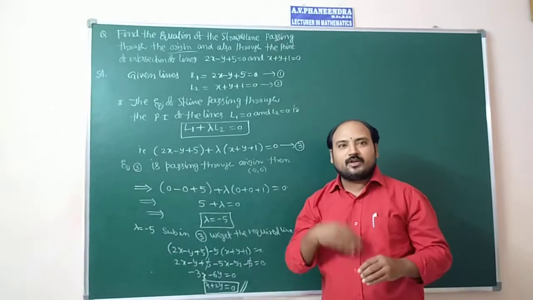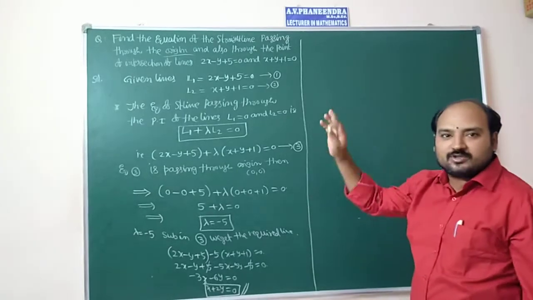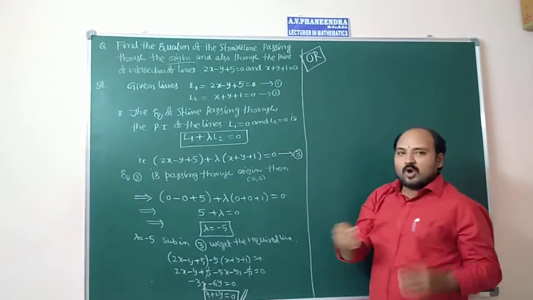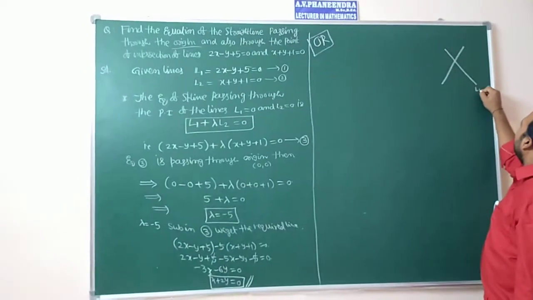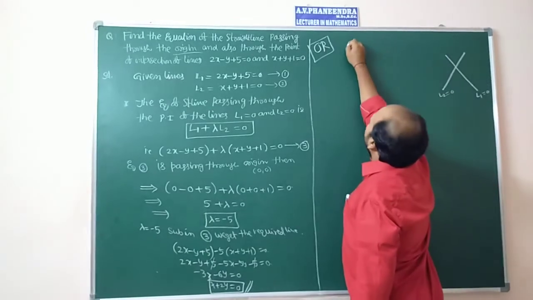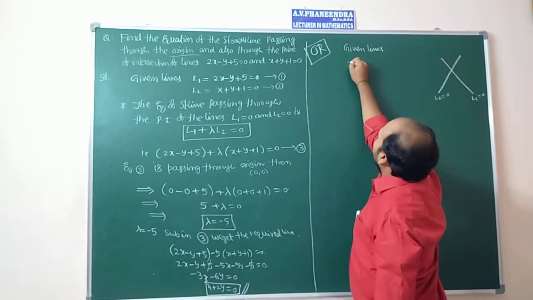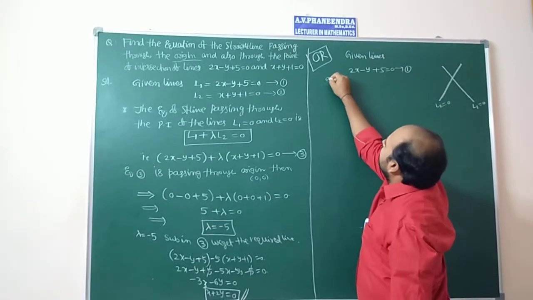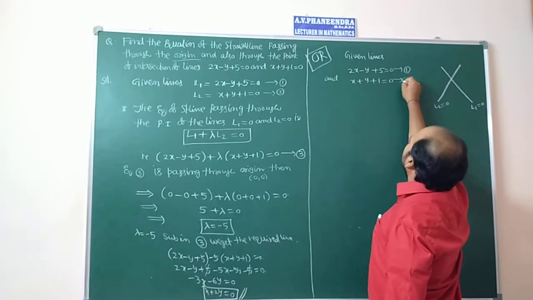This question we can do in another way. Here I am going to introduce another method. First, write the given lines: 2x minus y plus 5 equal to 0, equation number 1, and x plus y plus 1 equal to 0, equation number 2.